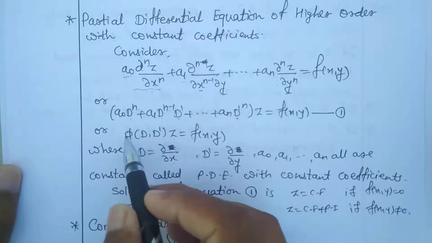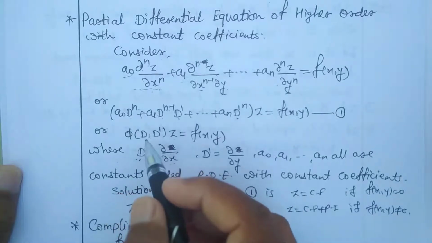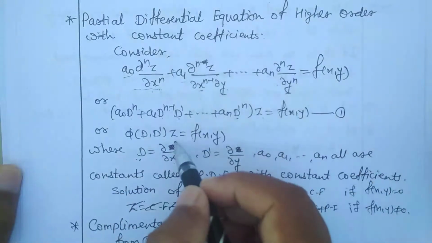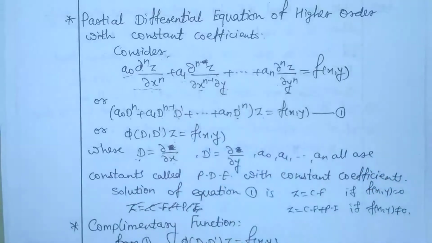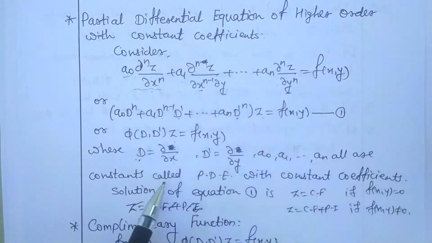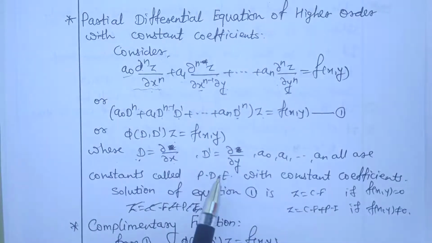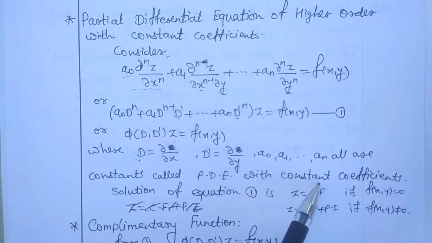Here a0 to an are all constants, and this differential equation is called the partial differential equation with constant coefficients.